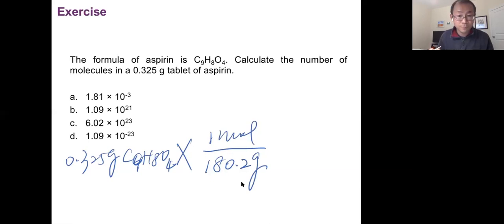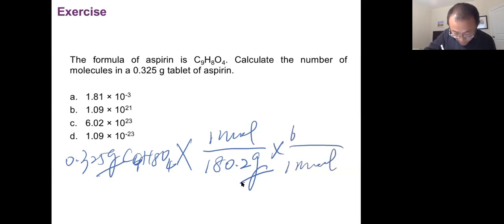Of course, we're talking about aspirin. Why do I put the grams on the bottom? Because I want to cancel grams to get moles. Now I have moles. Then I further multiply by 6.02 times 10 to the 23rd per 1 mole. The moles cancel, and the question is done.